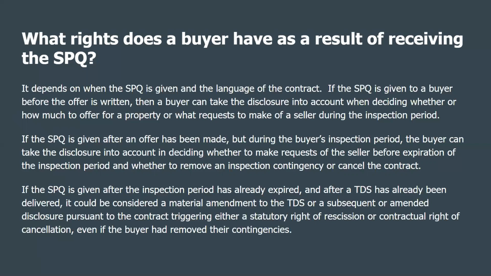So if the SPQ has not been given and a TDS is required, and they have already released contingencies, this could trigger a cancellation still and be within the rights. So keep that in mind. Get all your disclosures out at the same time within those 7 days.